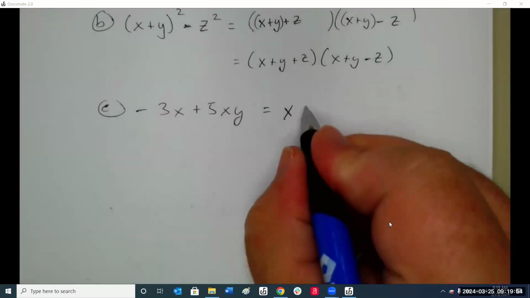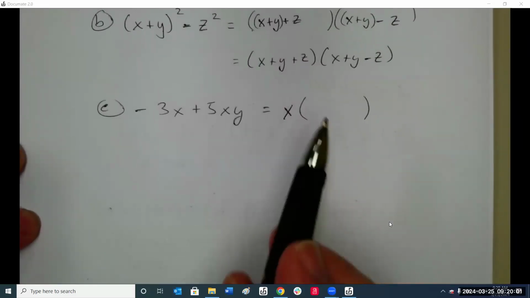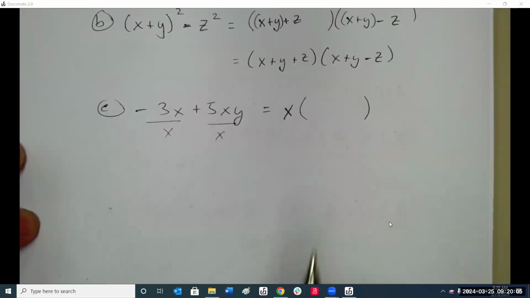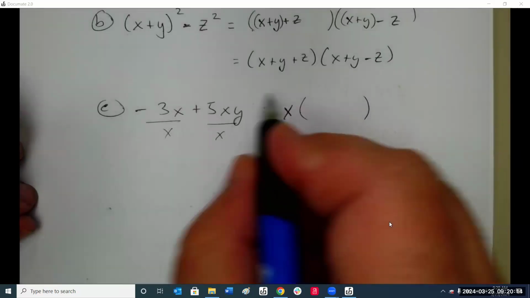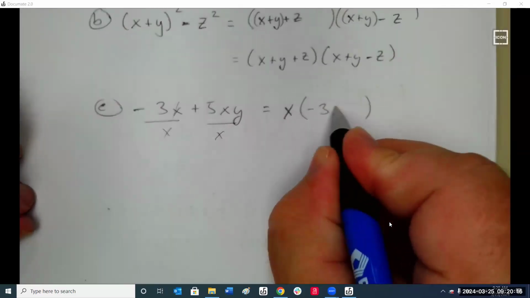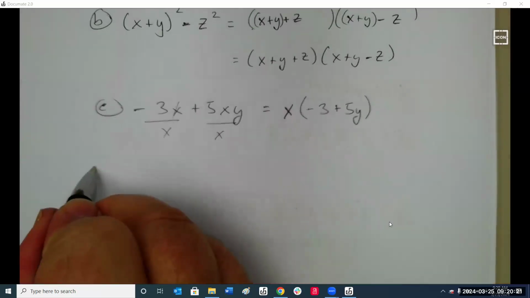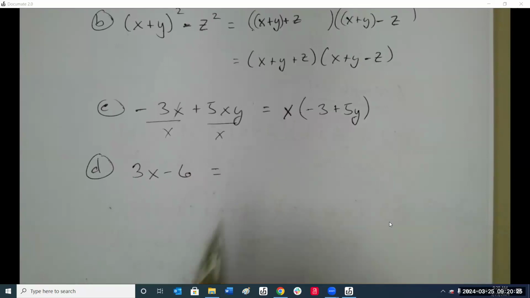Take it out. Whatever's left goes inside here. So to figure out what goes inside the parentheses, whatever I factored out, divide both of these by what you factored out. Yeah, so we have negative 3 plus 5y. And that one.